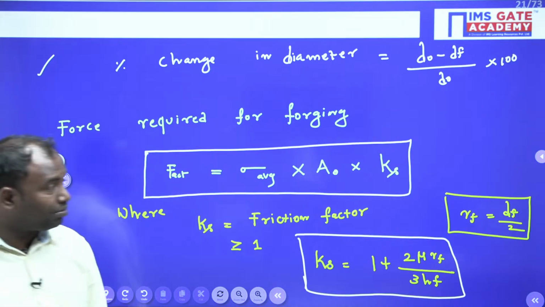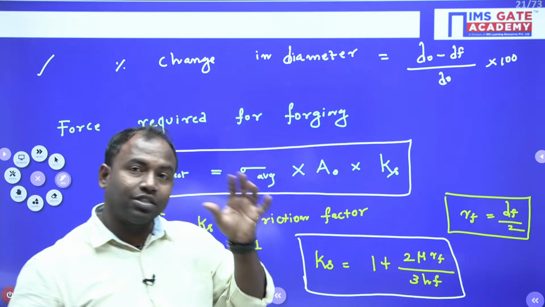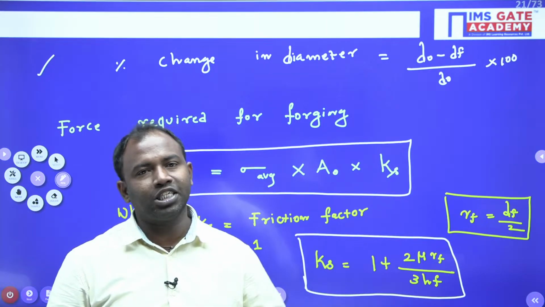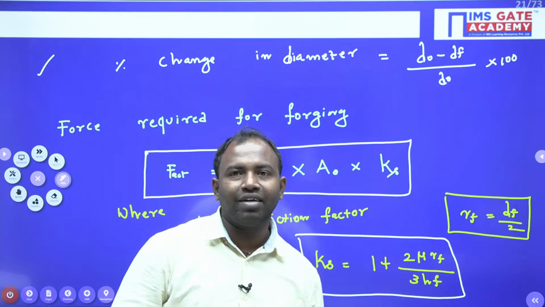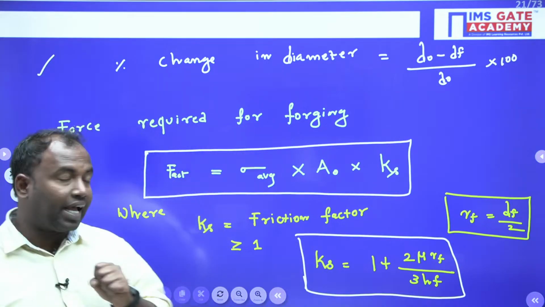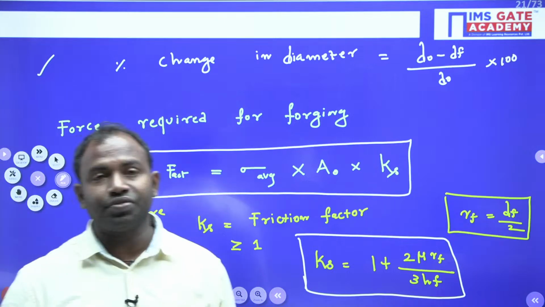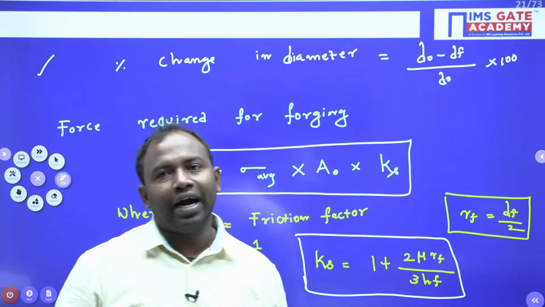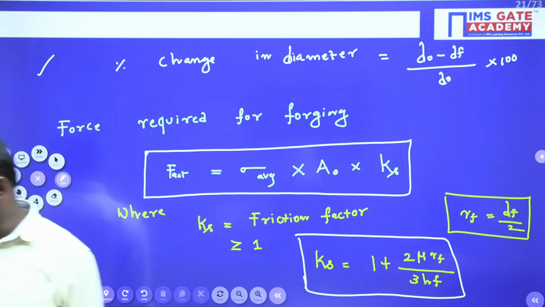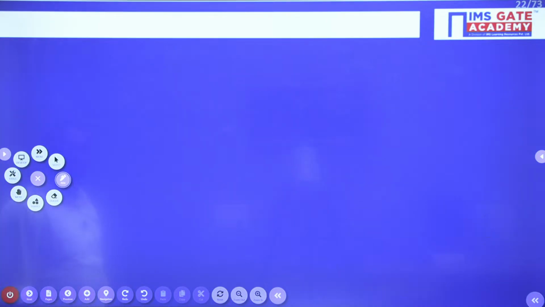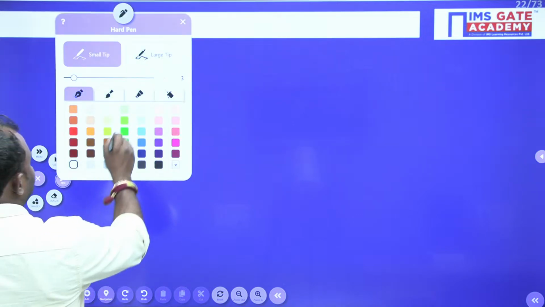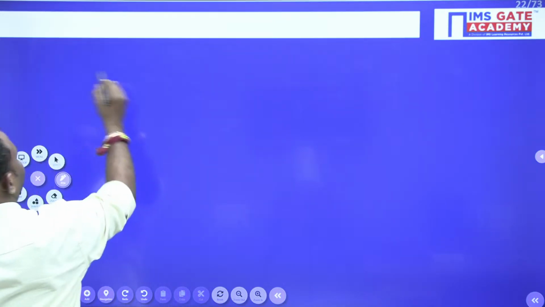Sometimes sigma average is mentioned in the problem itself, but sometimes we are supposed to calculate it. Whenever the strength factor and strain hardening exponent are given, then you are supposed to calculate your sigma average. Let me explain you.